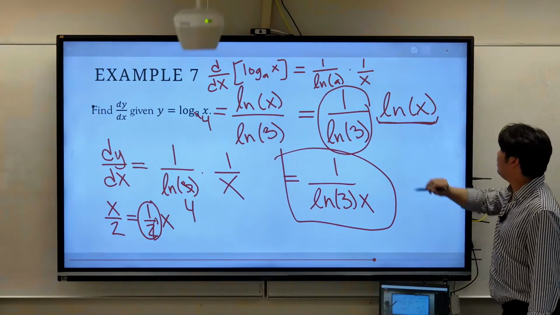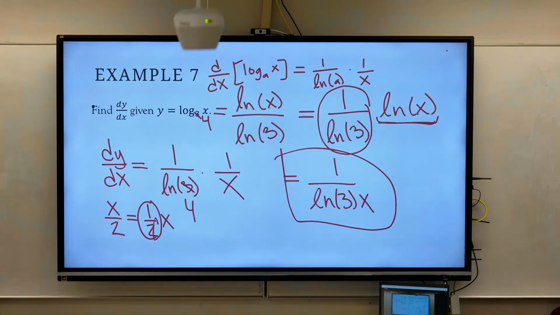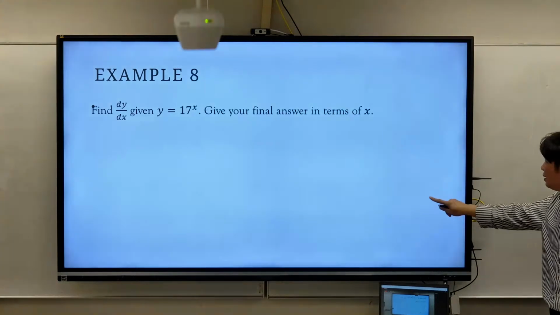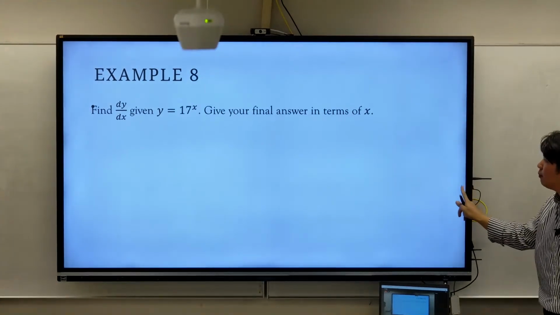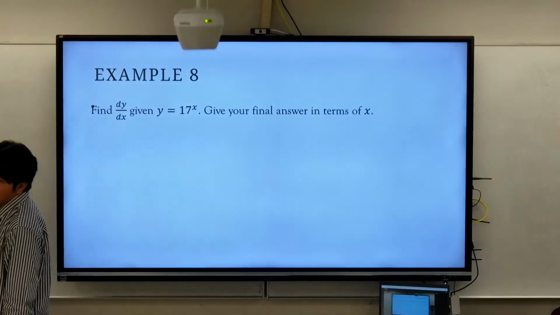So what I want to do is show you example 8. We don't have enough time to go through it, but I want to show it to y'all, and I might show you the first thing I would do, but then we'll probably finish it tomorrow. So let's see what's on example 8. 17 to the x power.